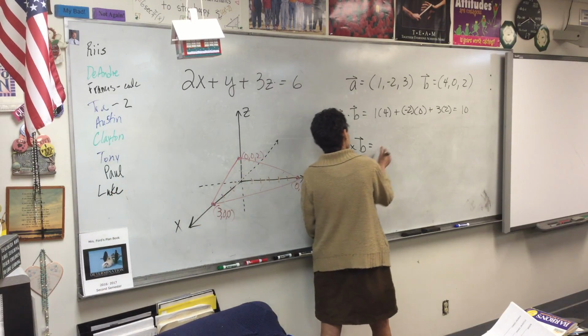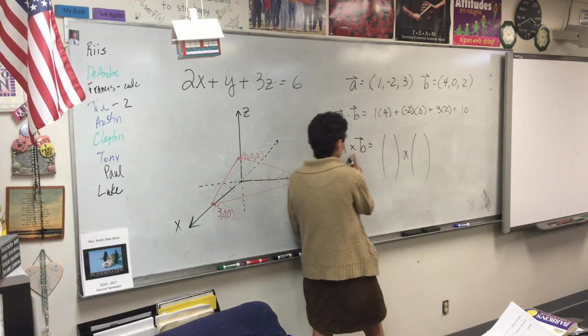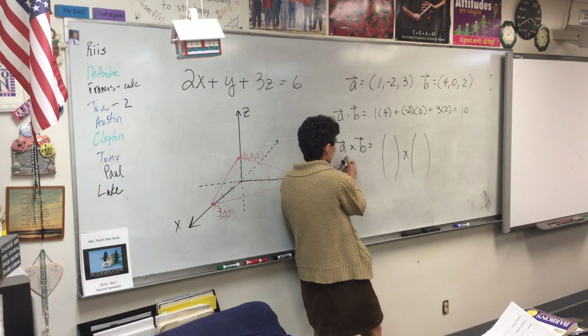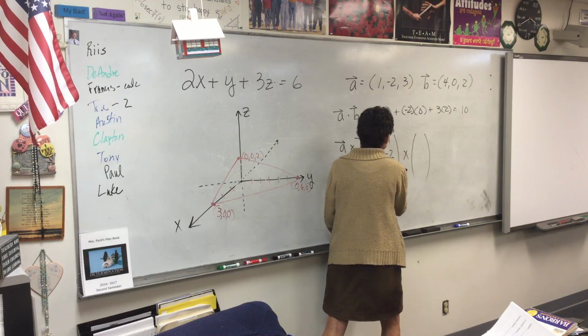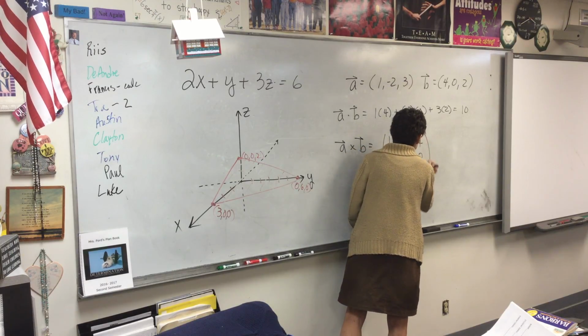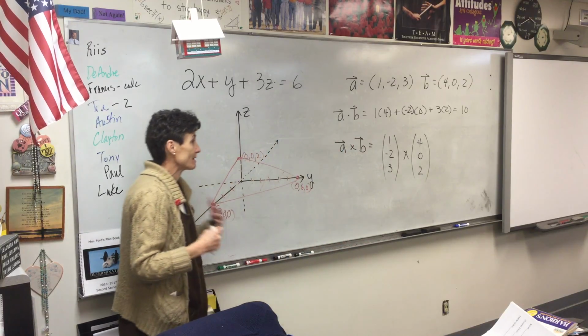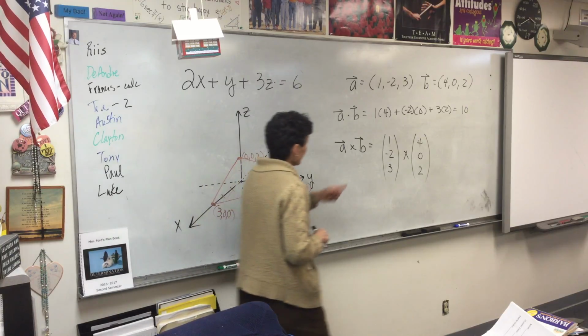So I'm going to write these vectors vertically. This is A cross B. I'm doing the cross product, A cross B. And I'm going to write these vertically, and you will see why in a minute. You don't have to do this. Certainly other people don't do it. I think it's easier, so I'm showing you this way. But here are my 2 vectors.